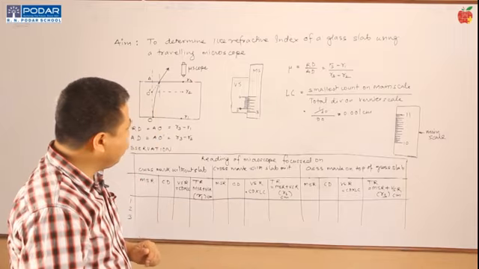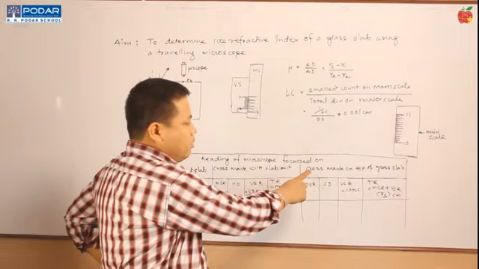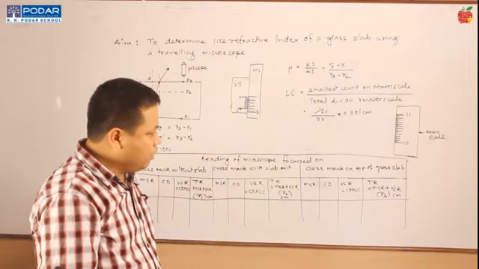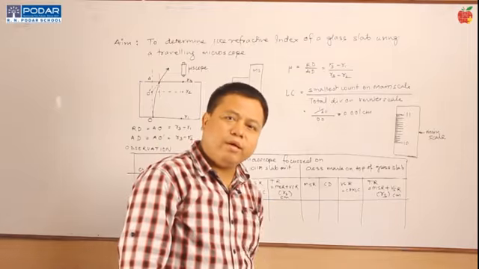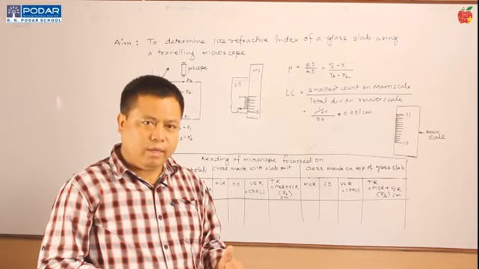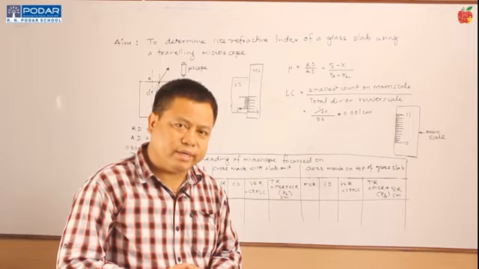Now, for the third reading, we will place the cross mark on the top of the glass slab and focus the microscope on that cross mark. Again the same readings, and the total reading is main scale plus vernier scale reading.